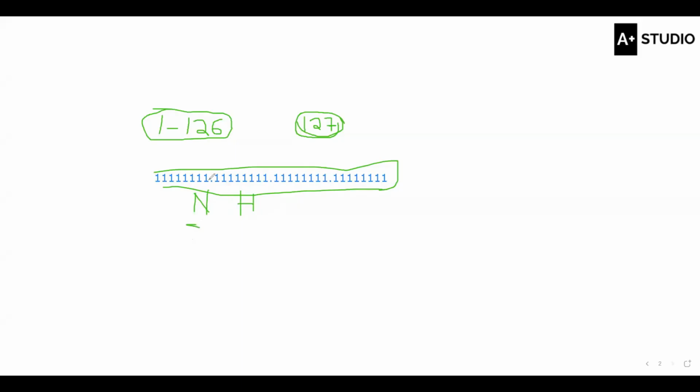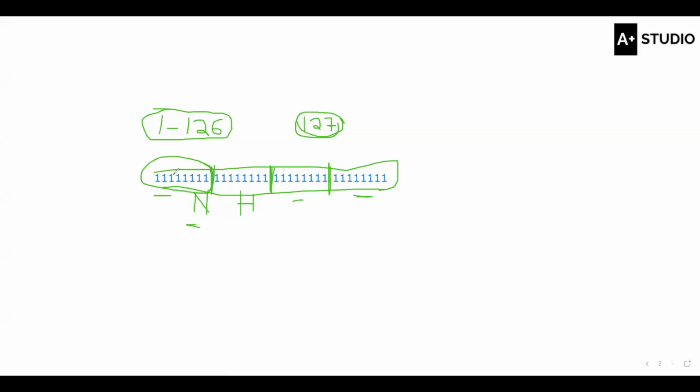So let me divide this: this is the first octet, second octet right from here, third octet, and this is the last octet. With the class A IP address, this first octet is always the network portion of the IP address. The reason being this.